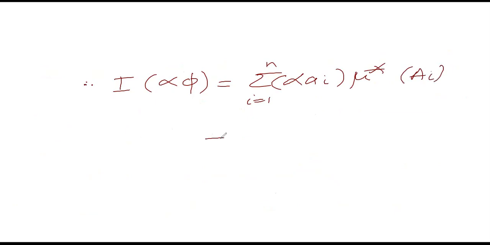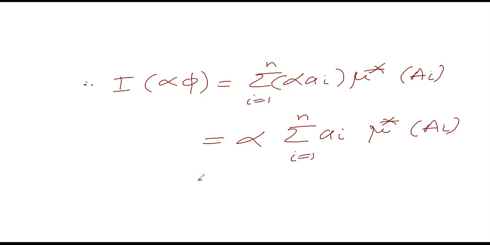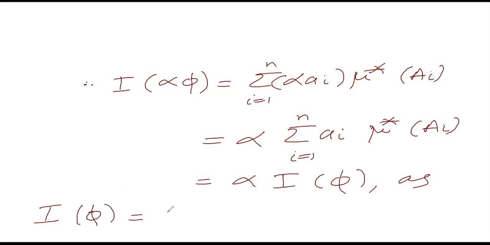This is equal to alpha times the summation of a_i mu star of A_i, and that's equal to alpha times the integral of phi, because by definition the integral of phi is equal to the summation i runs from 1 to n of a_i mu star of A_i. So the integral of alpha phi is equal to alpha times the integral of phi.